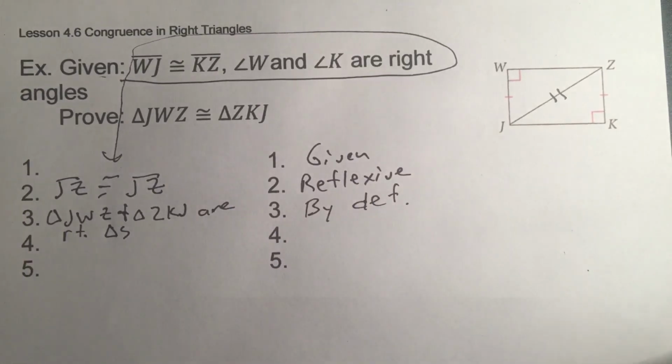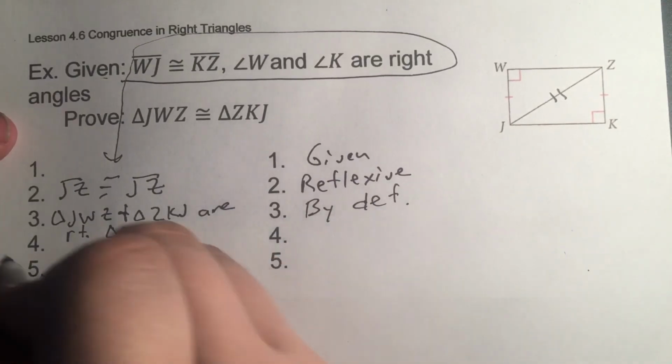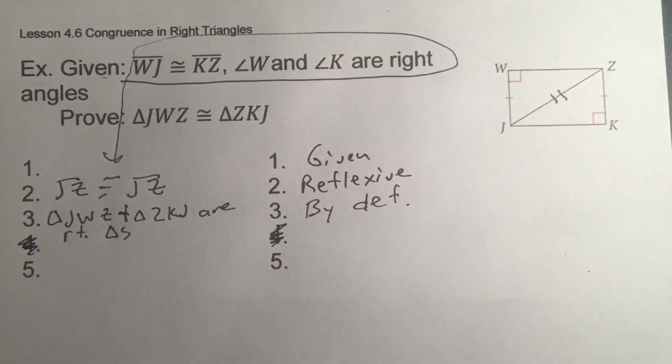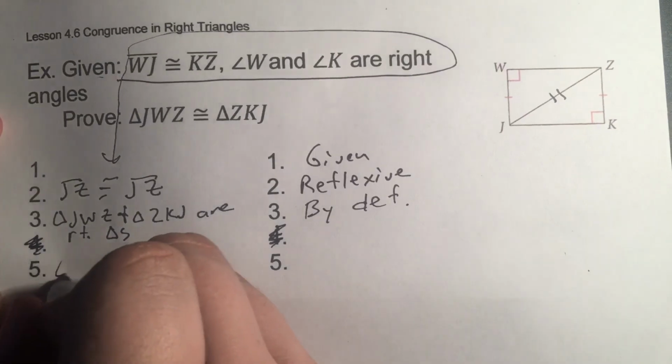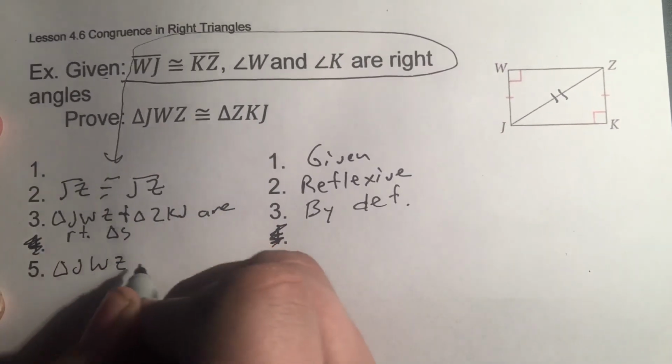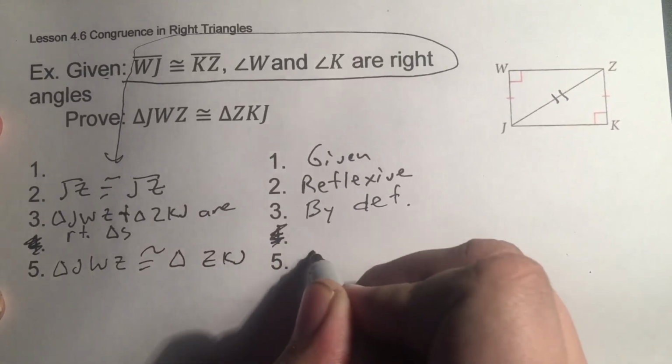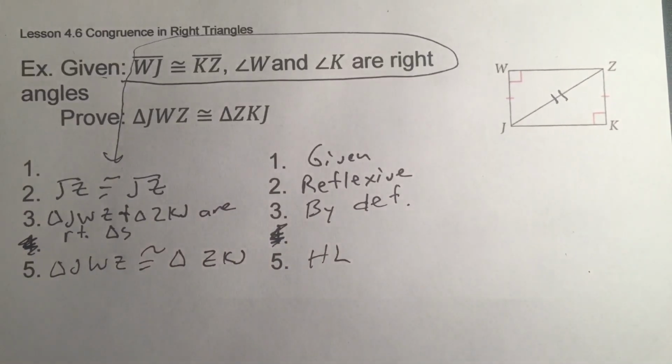Again, have to have that with hypotenuse leg. Now, I'm going to scribble out number 4 just because we're taking up some space there, but we can do this on our last one. Again, this is one where the given was split up. We're putting it all together so we can drop one of them. So the last thing would be that triangle JWZ is congruent to triangle ZKJ by HL.